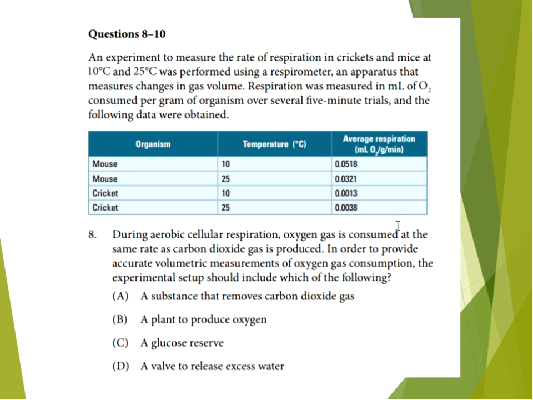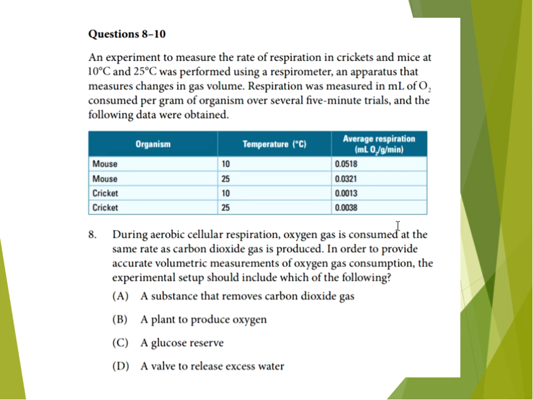All right. So now on to some practice problems. These first three problems are going to refer to this background information and the data that's given here. We've got an experiment that's measuring the rate of respiration in crickets and mice at 10 degrees Celsius and 25 degrees Celsius.